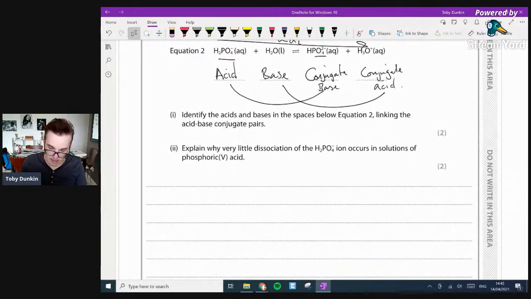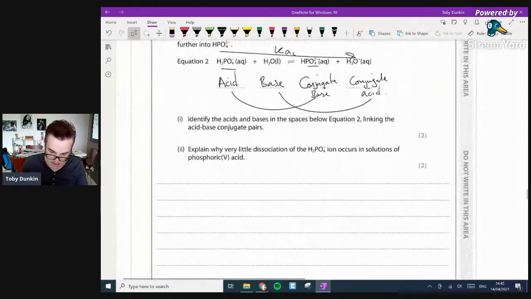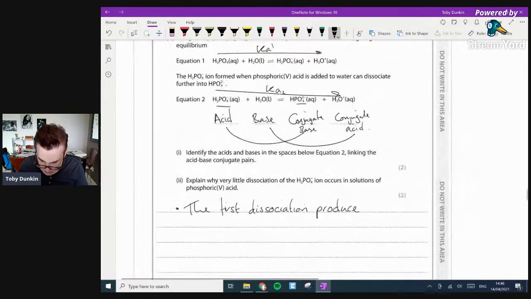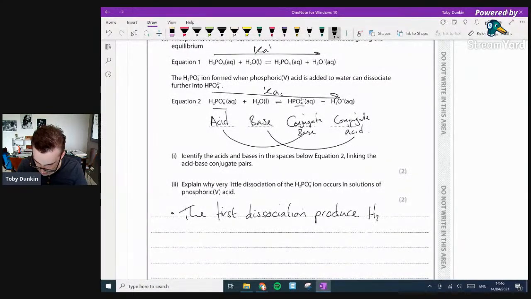The reason is that the first dissociation produces H2PO4-.